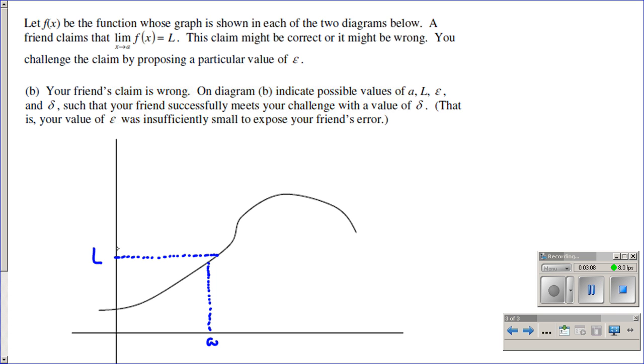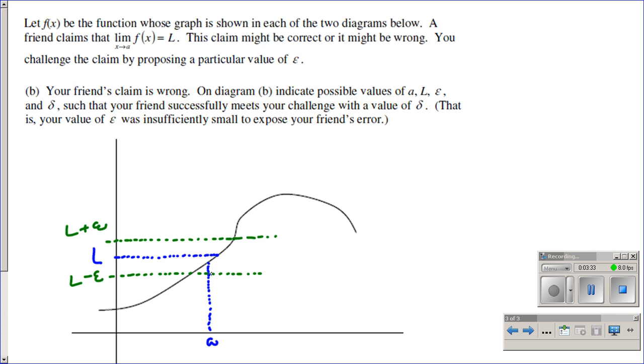Okay, so let's see. Here's going to be my epsilon, and it should go equally above and below. So we go above, we go below. So here's my envelope. Delta has to be the distance that we are going to move to the right and to the left.